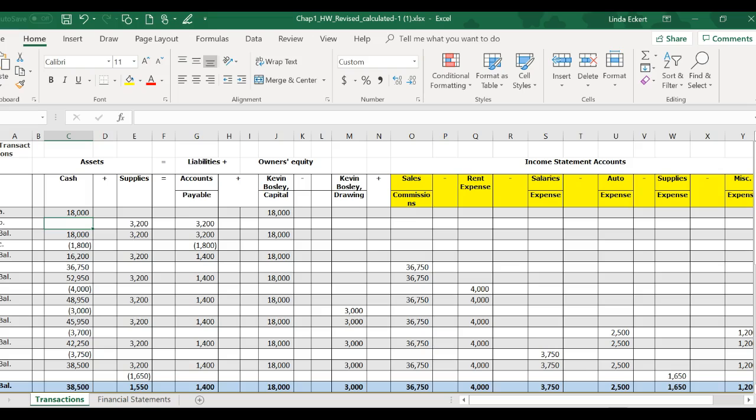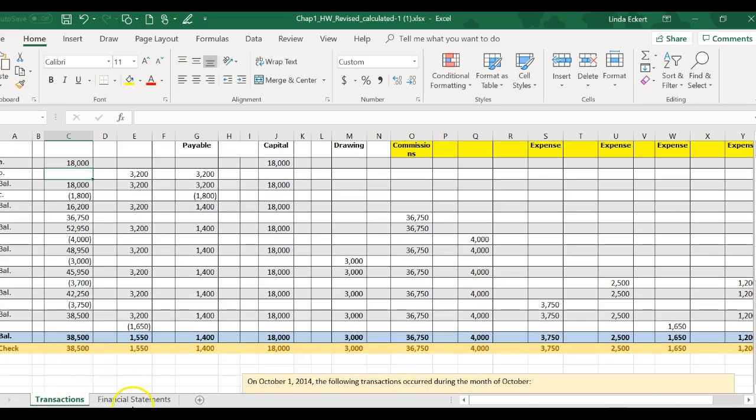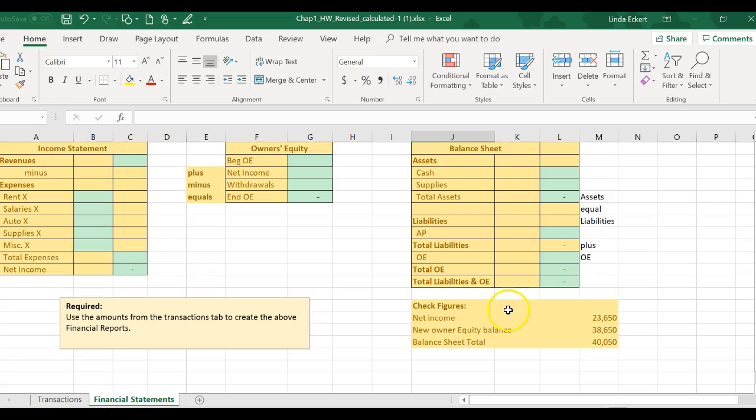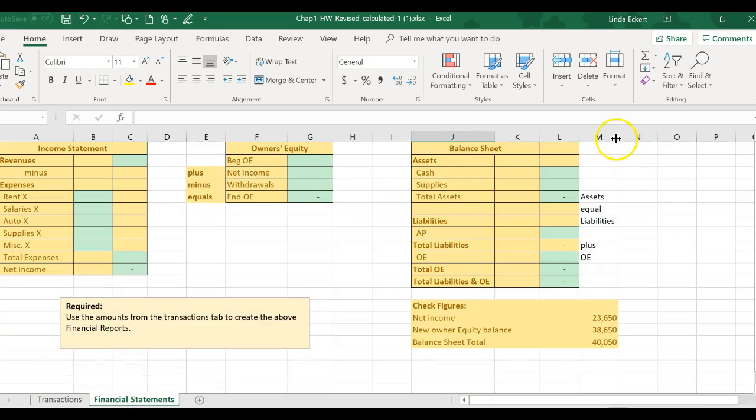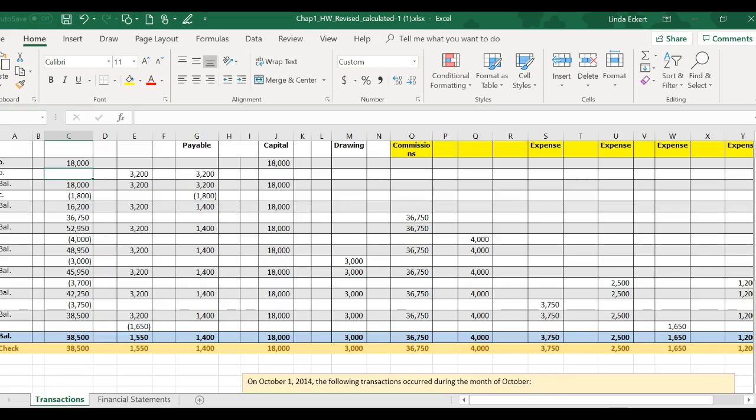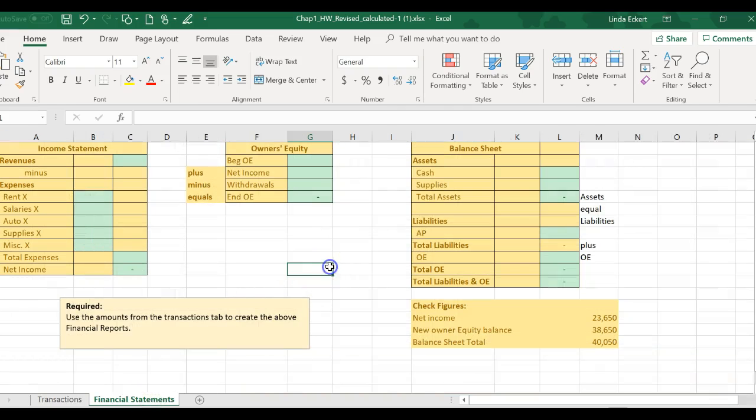Got all of that. Now you're going to take the numbers we have right here and you're going to create financial statements right here. So you're using the numbers from here and putting them here. Now the easiest way to do that is to write these numbers down, such as cash has a total of 38, supplies has 1,550, accounts payable has 1,400, and come over here and plug those numbers in.